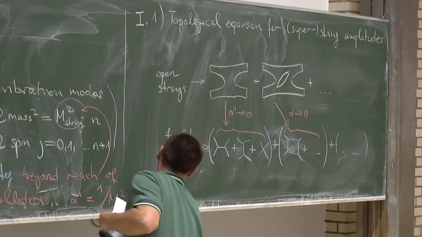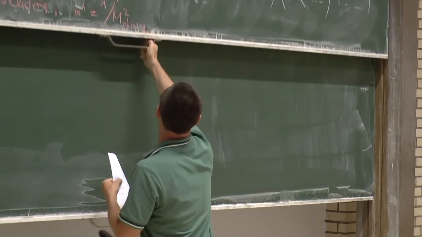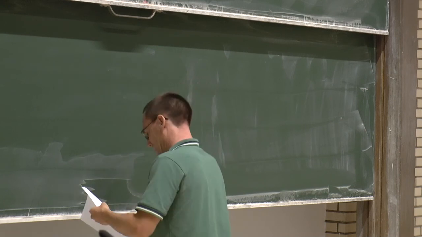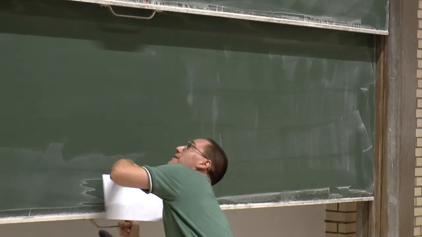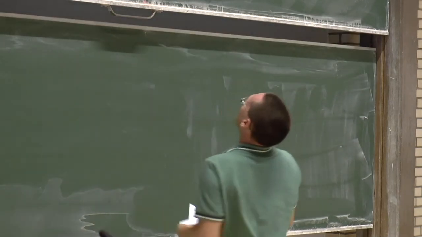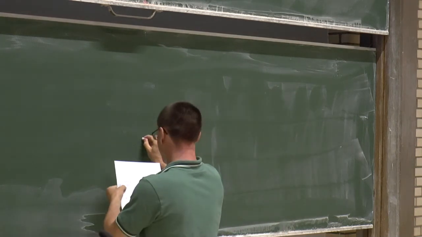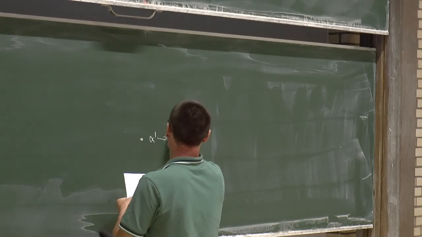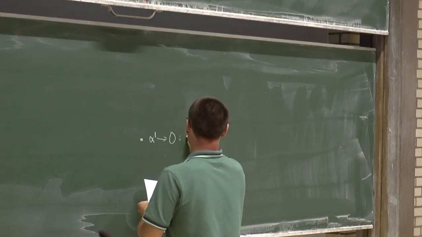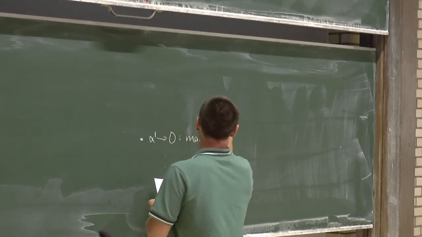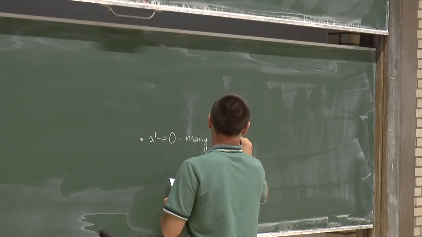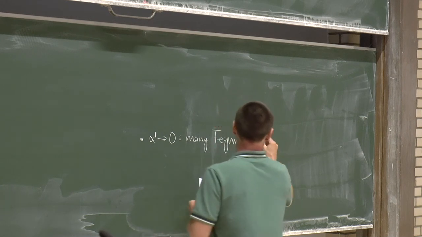Okay, so the first remark to be made right here is that one nice feature of string amplitudes is that in the alpha prime to 0 limit, you get many Feynman diagrams from a single world sheet.